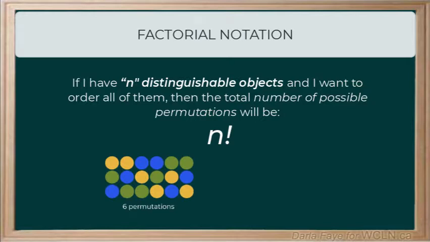Therefore, I could have simply used the expression 3 factorial to determine how many possible permutations I could get. Now, if we use our calculators to evaluate that expression 3 factorial, you'll find out that in fact there are 6 possible permutations. That matches up to the diagram we made in the beginning.